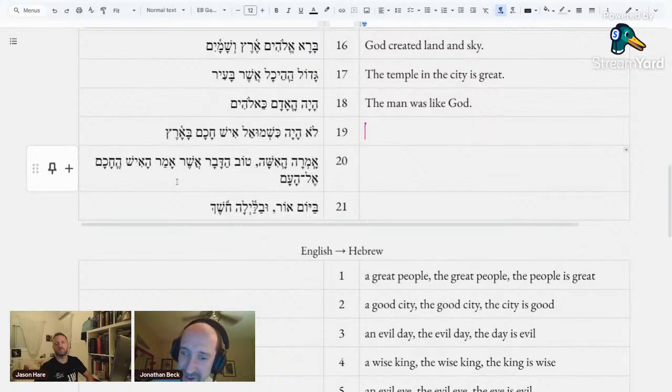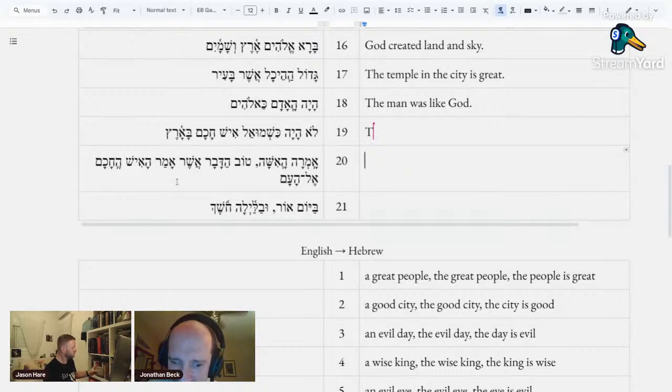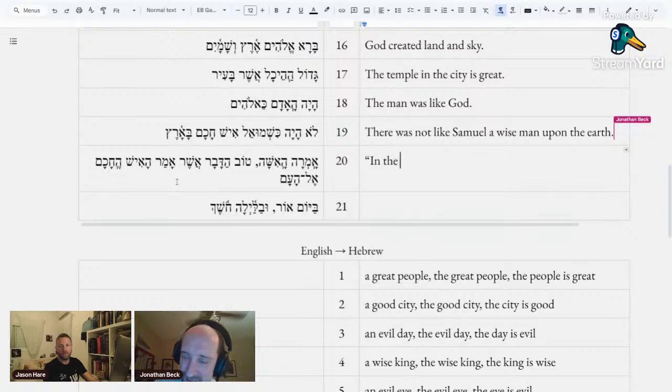This is a little bit more complicated. This is actually an odd word choice, I think. So, there was not, like Samuel, a wise man upon the earth. I would expect ain instead of lo haya, but oh well.